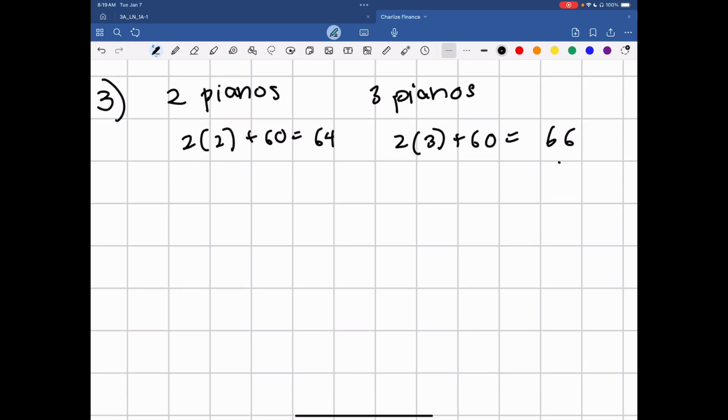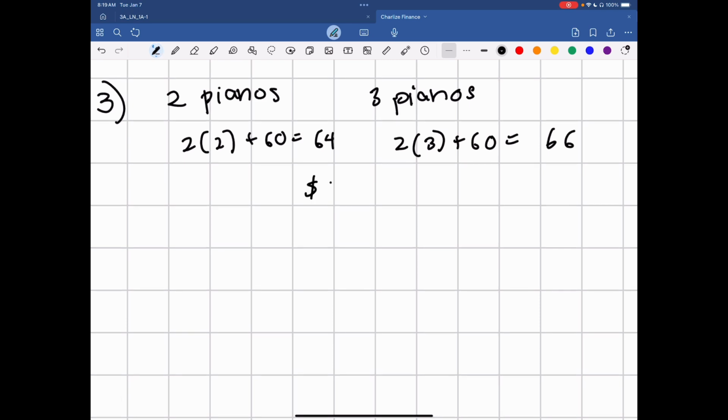You're comparing the difference. You're not comparing the full cost divided by two pianos. Rather, it's the difference. So it would be $2.